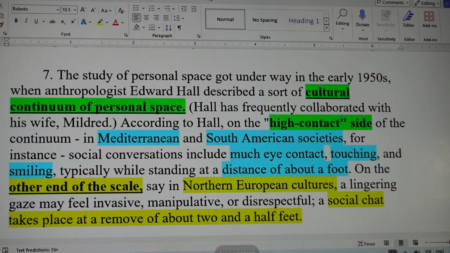According to Hall, on the high contact side of the continuum are Mediterranean and South American societies. For instance, social conversations include much eye contact, touching, and smiling, typically while standing at a distance of about a foot. On the other end of the scale, in Northern European cultures, a lingering gaze may feel invasive, manipulative, or disrespectful. A social chat takes place at a remove of about 2.5 feet.